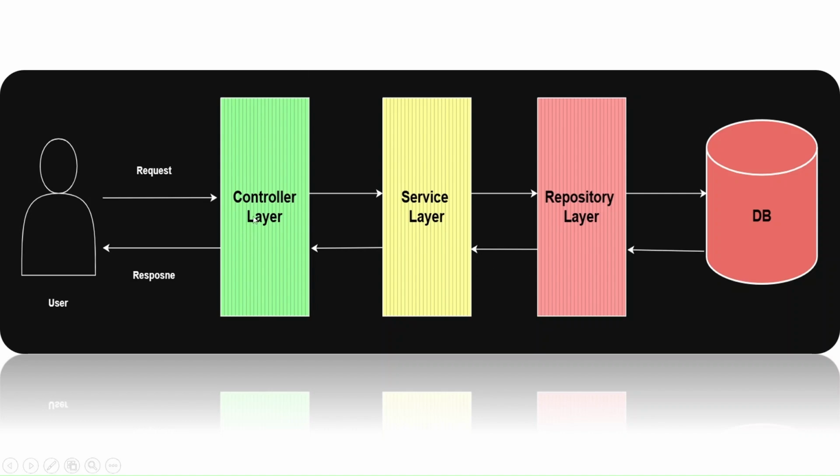The first one, the controller layer, where we expose our REST APIs. Okay, and second one is service layer, where we write our business logic, which is specific to our application. In our case, all the logic which is related to employee object.